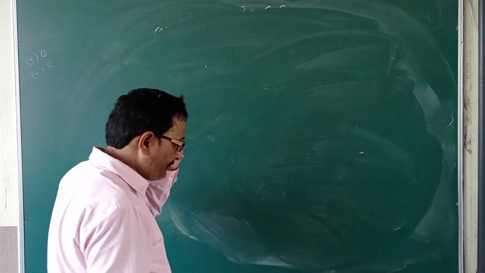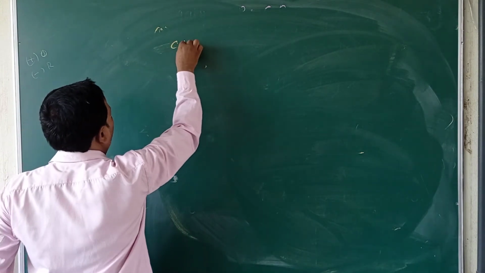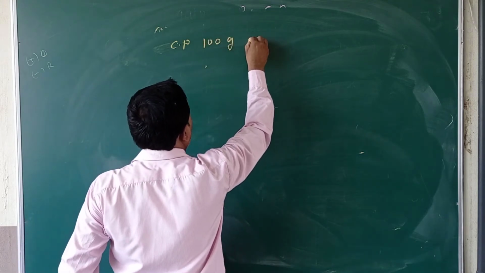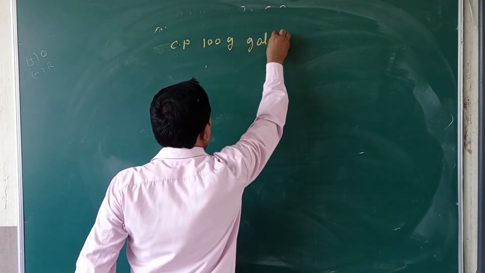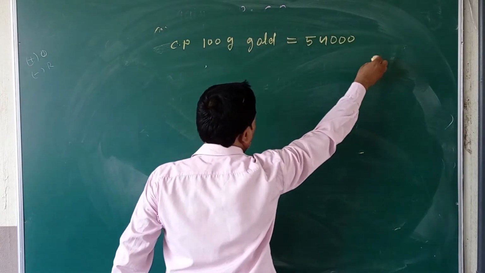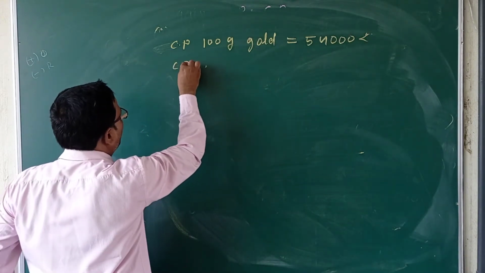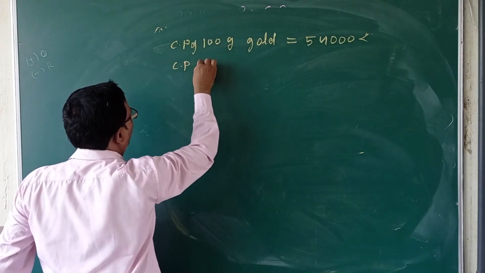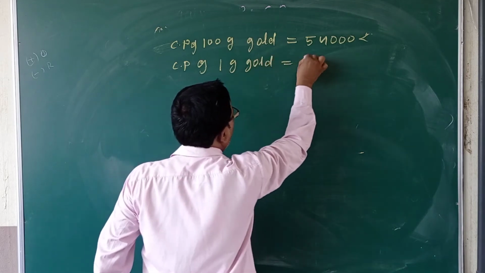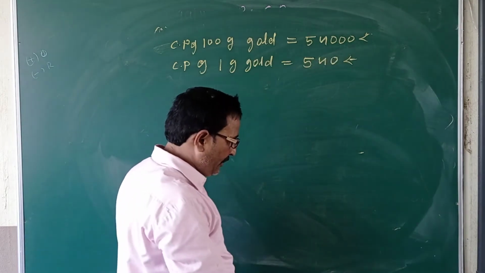Now see, the CP of 100 gram gold is given as 54,000 rupees. Then the CP of 1 gram gold is 54,000 divided by 100, that is 540 rupees. Now you calculate.